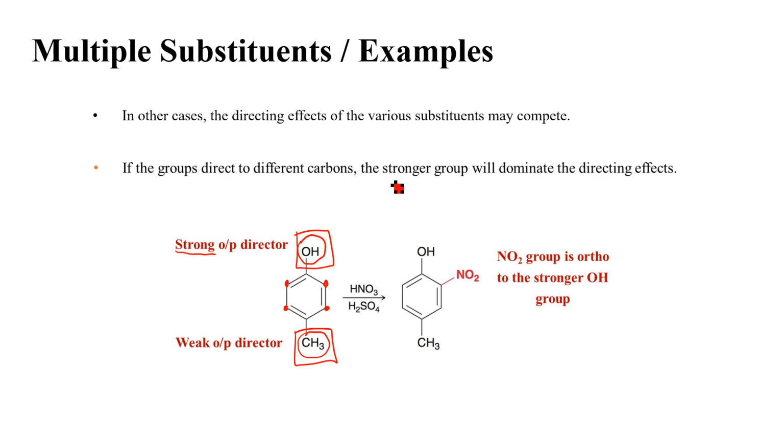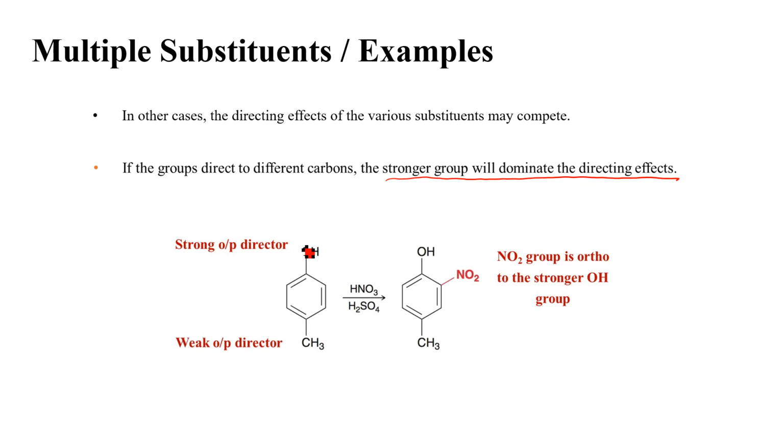In general, the rule of thumb is that the stronger group will dominate the directing effect. So because the OH group is a stronger ortho-para director than the methyl group, the methyl group is a weak ortho-para director. We saw that in the previous video. The stronger director is going to win, okay? And we know why an OH group is a stronger director, right?